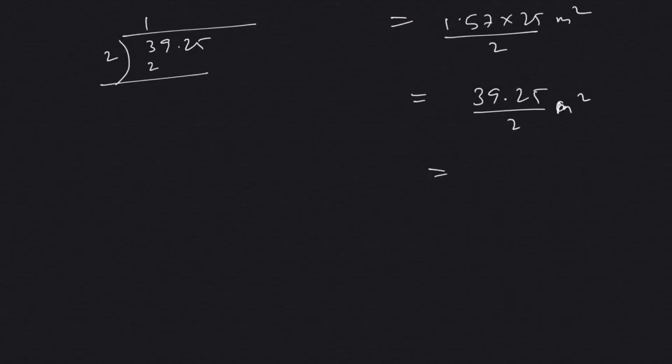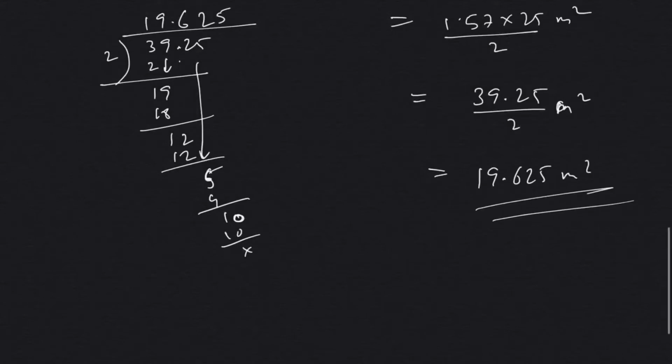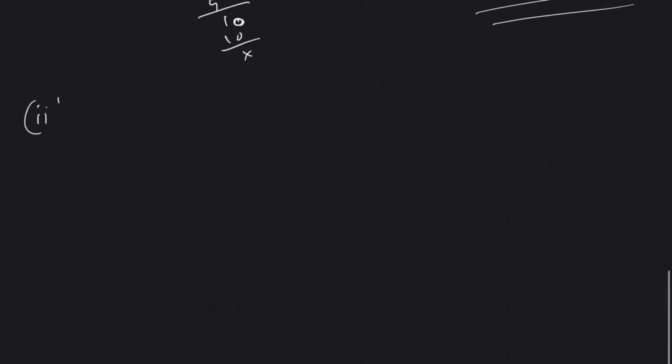That is 39.25 divided by 2. 2 ones are 2. 1 left, 9 comes down, 2 9s are 18. Decimal starts, 1 left, 2 6s are 12. No remainder. 5 comes, 2 2s are 4, 1 left. Since it is after decimal, 0 will come on its own. 2 5s are 10, so that will be 19.625 meter square.